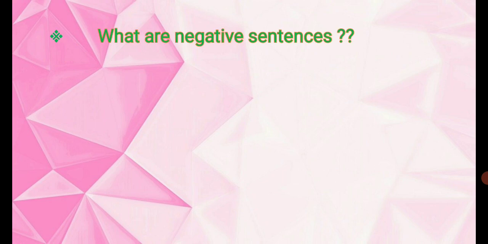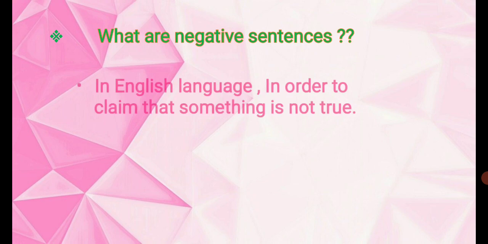Now you may have a question in your mind: what are the negative sentences? We already learnt about the statement, interrogative sentence, and exclamatory sentence, right? But what are the negative sentences in the English language?